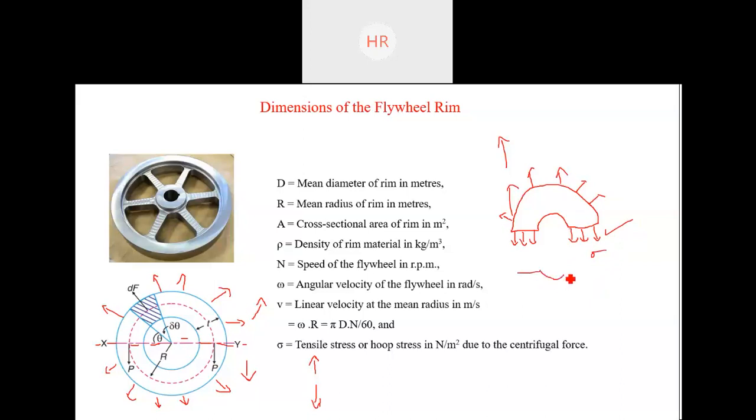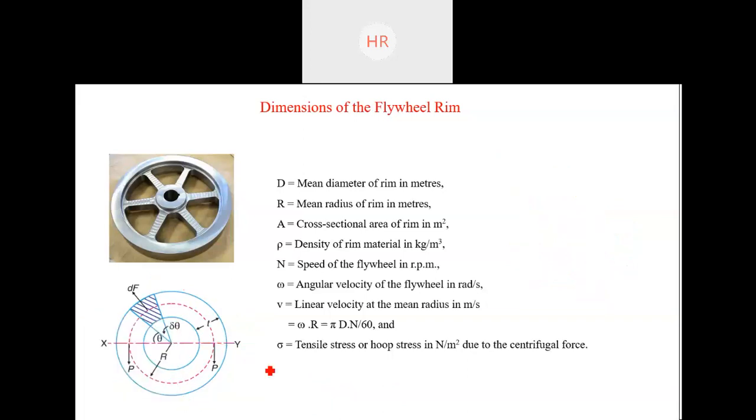Similarly, on the below half portion, an equal and opposite amount of stress acts to maintain the material in stable condition. So that is the hoop stress. It is given in Newton per meter square, and it is developed because of centrifugal force.